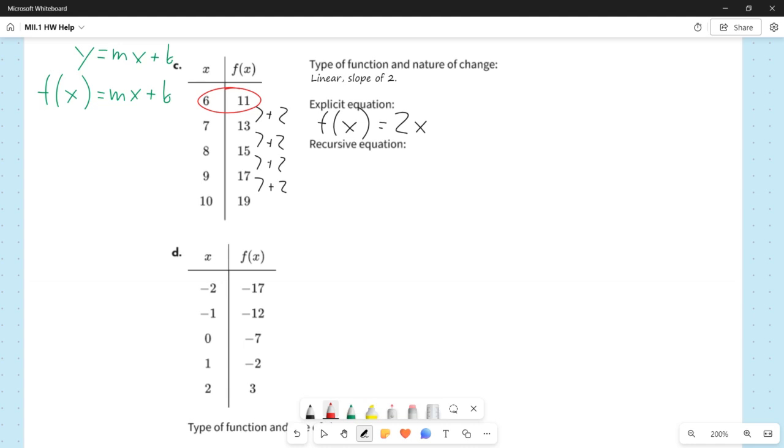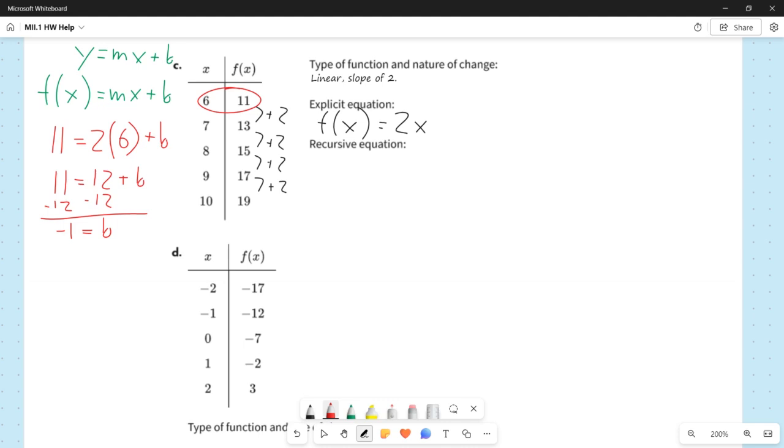So what that tells us is that this result of 11 comes from 2 times our input, which in this specific case happens to be 6, and then there's some other value b here that we don't yet know. However, we do know that 2 times 6 is 12. And we end up getting negative 1 equals b.